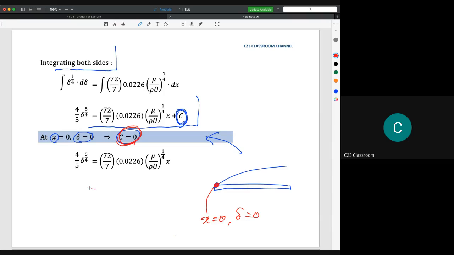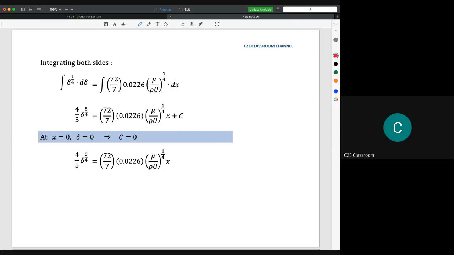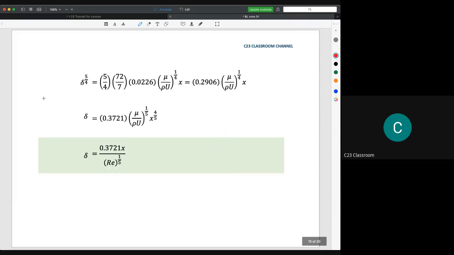Now we will have this term, because the value of C is equal to 0. If we simplify this term, finally we get the value of delta equal to 0.3721x over Reynolds number to the power of 1 over 5.